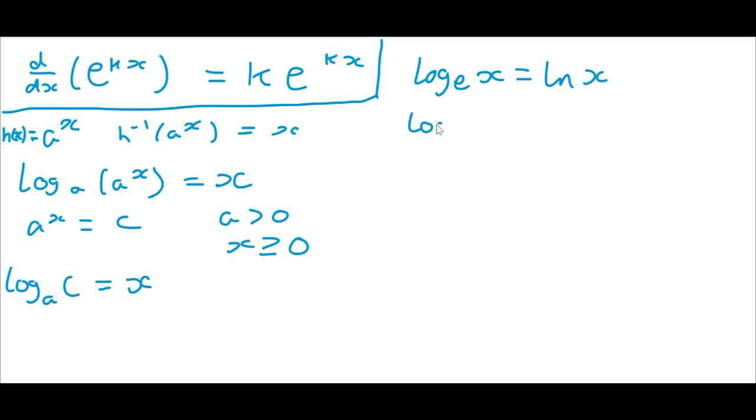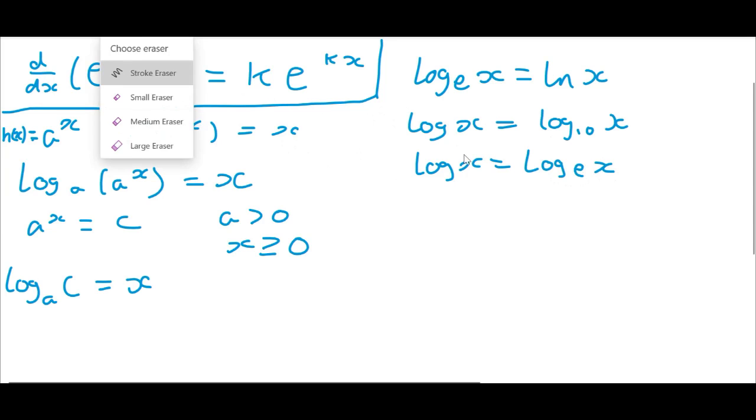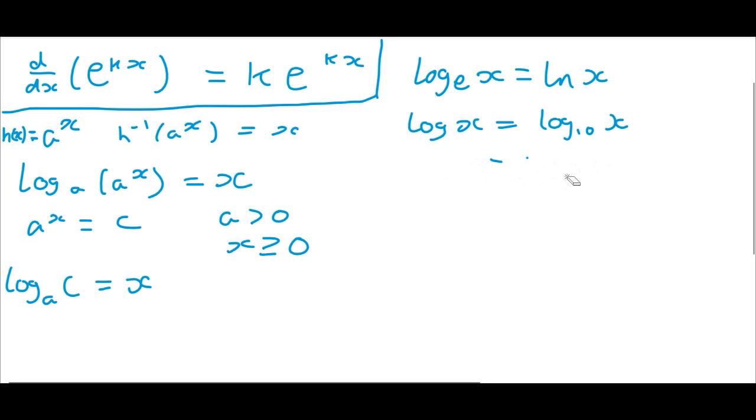Often if you just see log written, so log x is normally equal to log base 10 of x, and sometimes it depends where you're at, because certain books you read log x is equal to log base e of x, but I'm not going to be using that notation. Just be aware of that. When I write log base e of x, I'll write ln x.